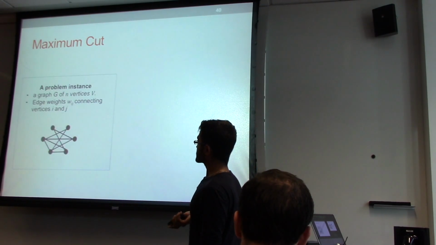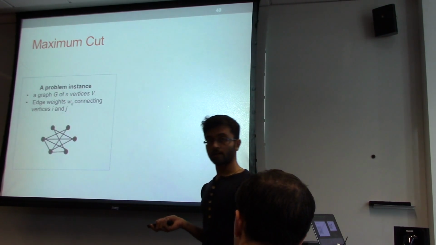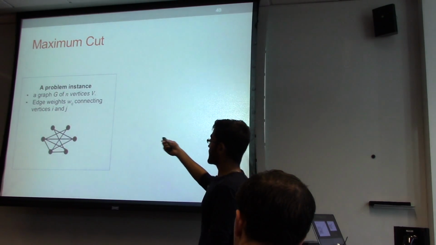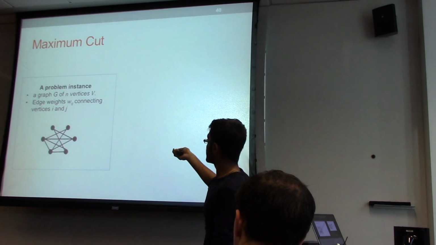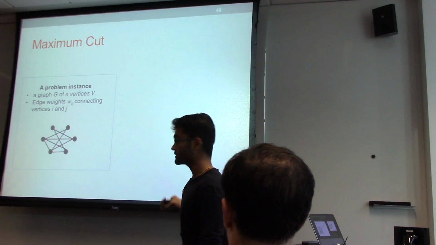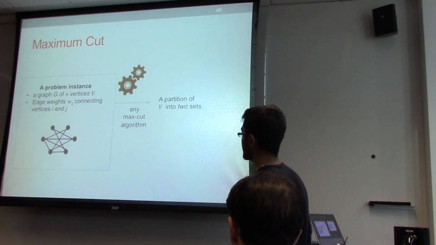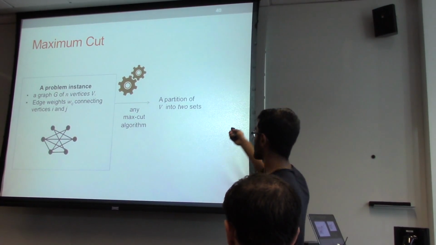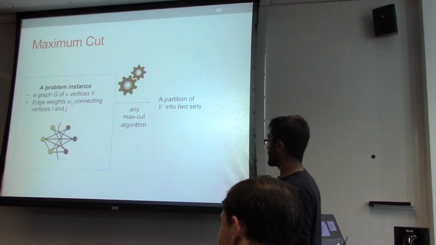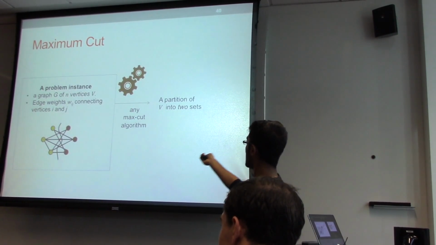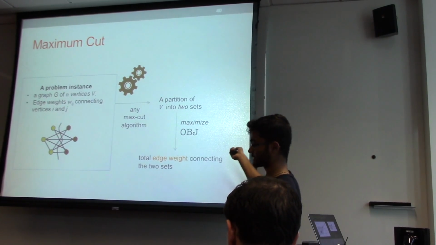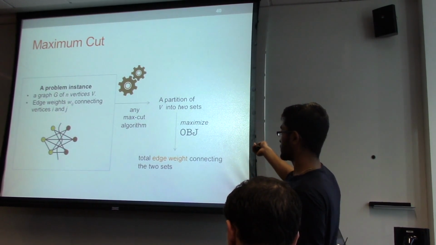In the MaxCut problem, let me define the problem more formally. You have a graph G of n vertices, and there are edge weights between these vertices. Any MaxCut algorithm is going to partition these vertices into two sets, and you evaluate the solution of this algorithm using an objective function which you want to maximize.